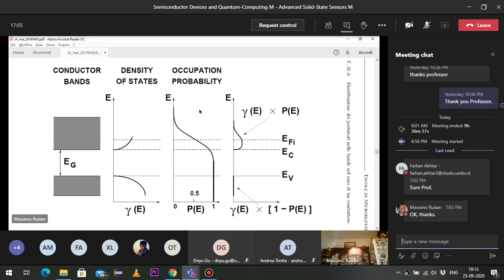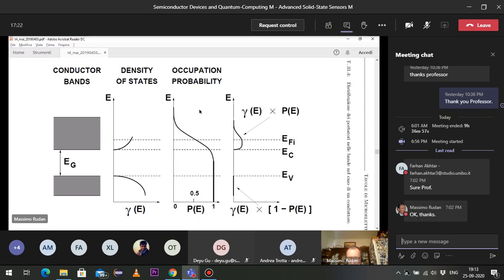The question is, how much does it contribute? How big do we expect the current density to be? In general, you remember, conductors are able to carry a large amount of current.